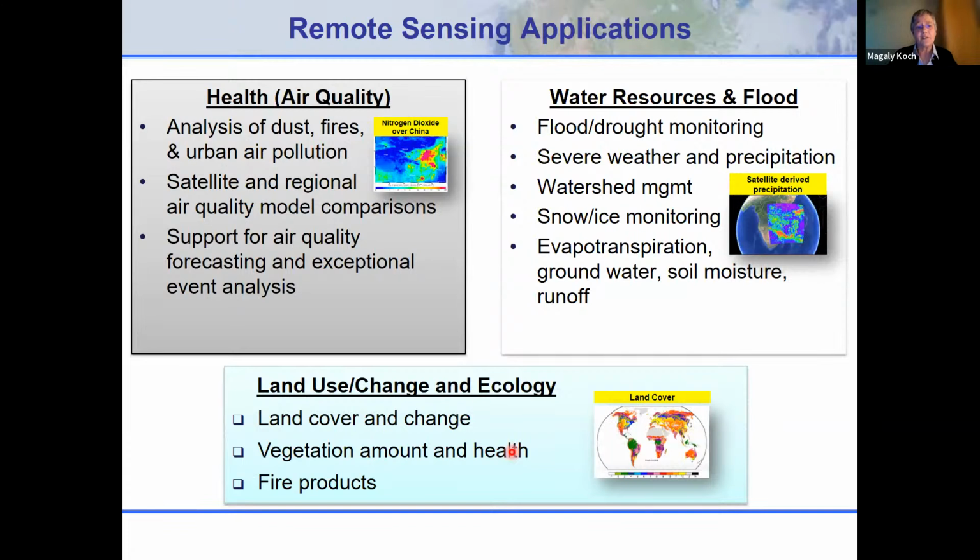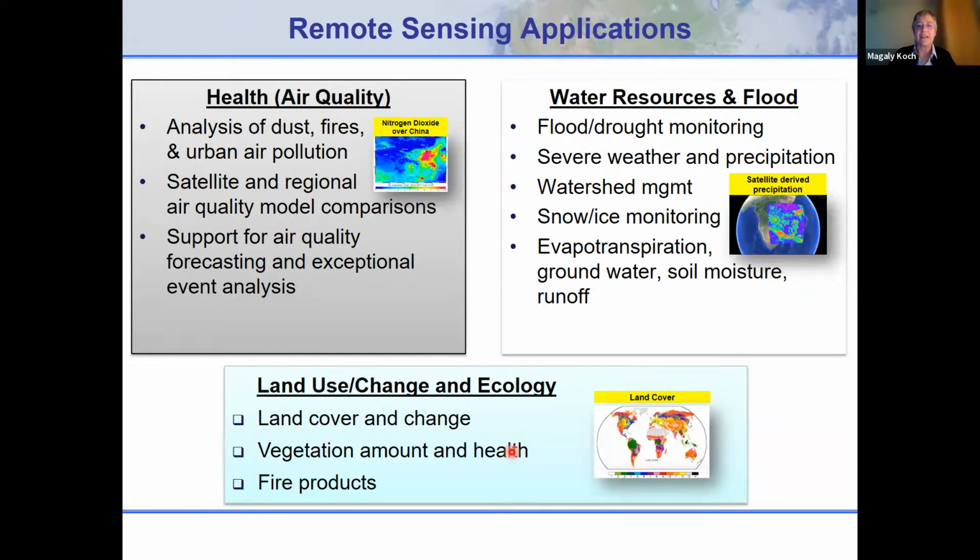Now the applications are very varied. There are very different ways to apply remote sensing, and they're summarized here in three major groups. So it depends on the user's interest, or the professionals or the researchers' discipline, how they will use these measurements.